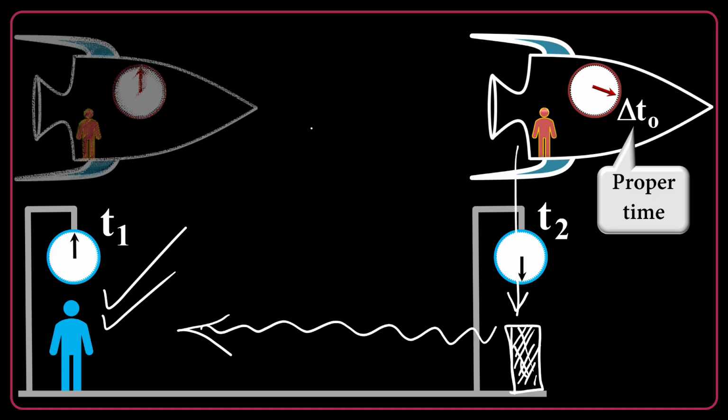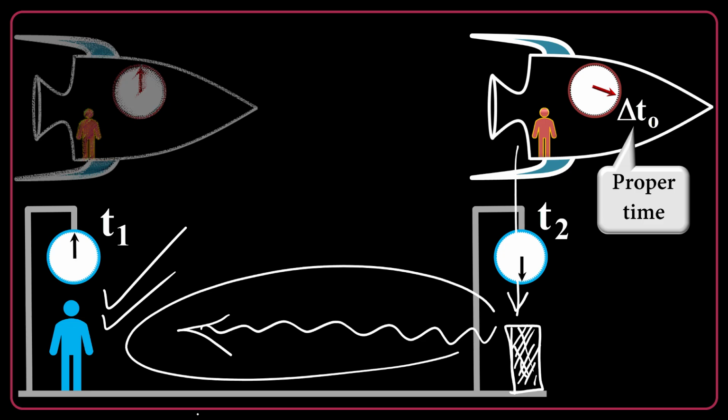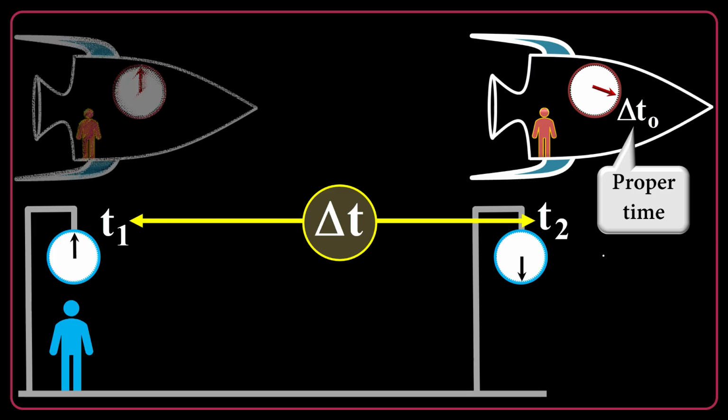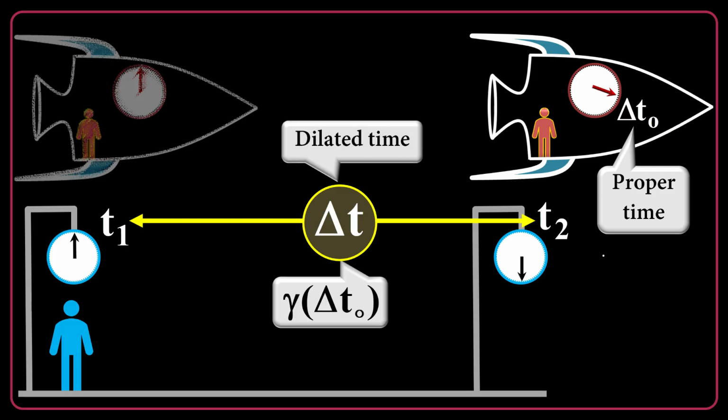He cannot be aware of the arrival of the spaceship at its destination immediately. He has to wait a few moments to get the message from the radio signal, very optimistically. That's why, for immediate awareness, they will use another clock. So he cannot use a single clock. That's why we say this is not proper time, this is dilated time, and you know that it takes longer. So delta t equals gamma times delta t naught, dilated time.